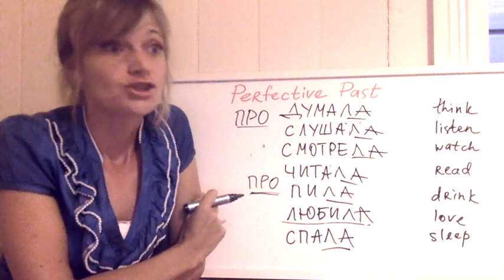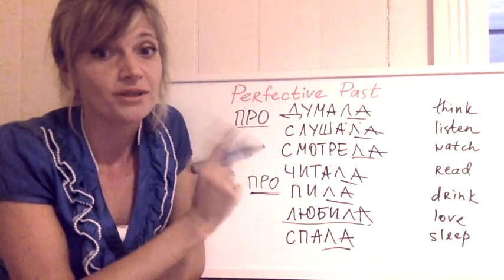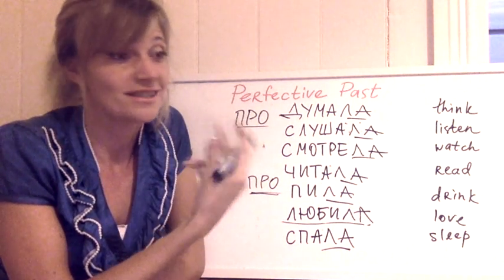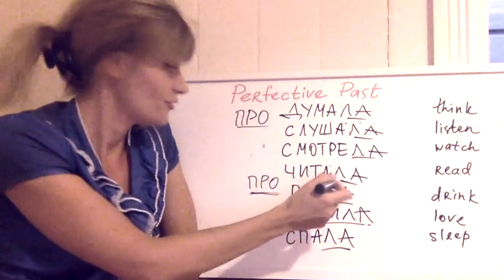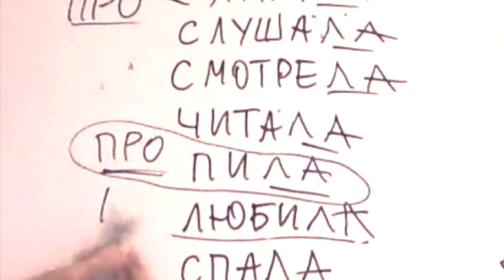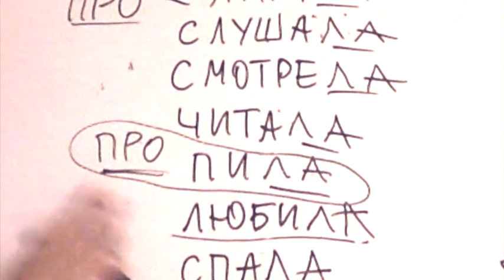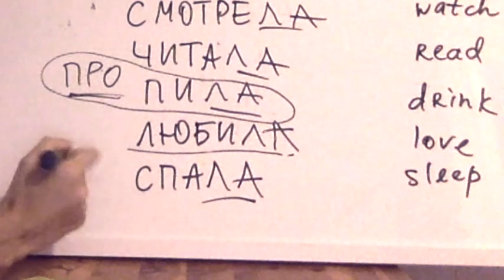She had a house, но она его пропила. She sold it and just spent it on drinks. All in one verb. Пролюбила, I don't think you can use it. No, I don't think it makes sense.